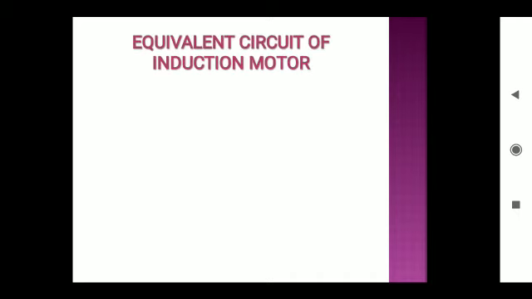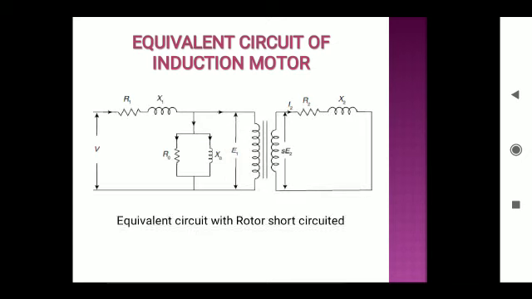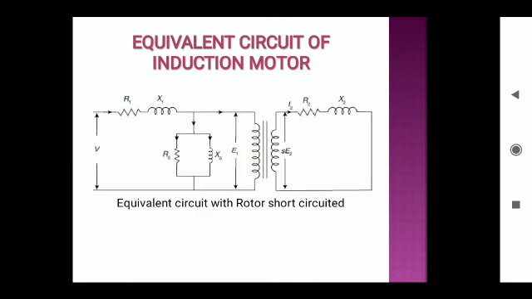Now the equivalent circuit of the induction motor at short circuit condition. When it is short circuited, it means when it is in running condition, then a slip has come, so E1 is the primary induced EMF and S E2 is the secondary induced EMF, because the slip has come at running condition when the copper bars are short circuited.